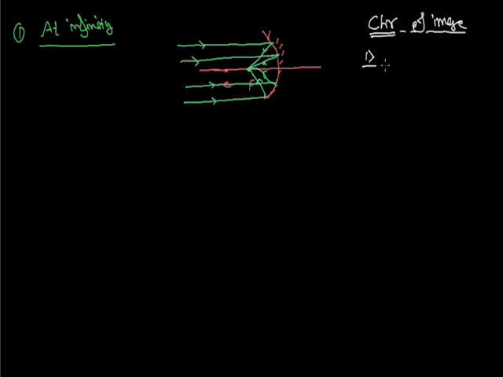The image is formed at focus, that is, here on the focus our image is formed. Now the second point is what type of image is formed. The image is formed as a point image, that is, a very small image is formed, represented by a point.